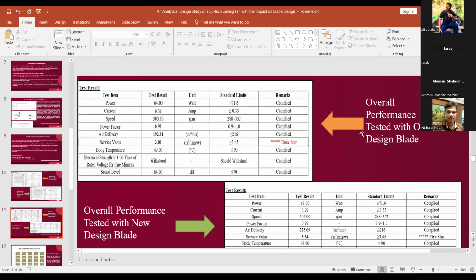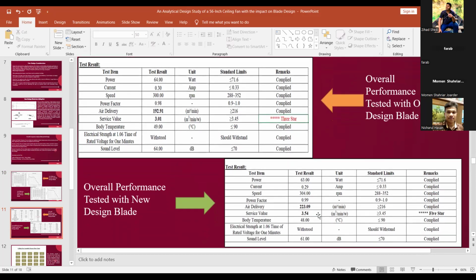So here is the overall performance test, like power consumption, current and speed. We can see the air delivery we got is 192.91 meter cube per minute. Here the service value is 3.0 meter cube per minute per watt, which according to our South Asian standard is a 3-star rating.